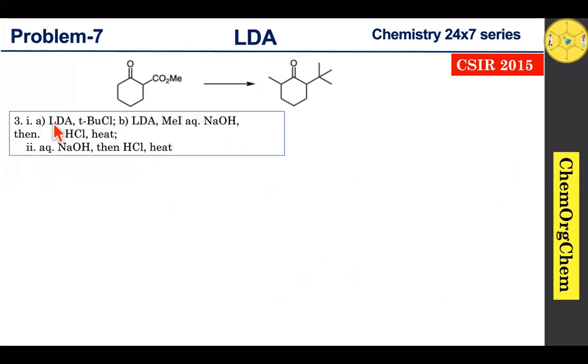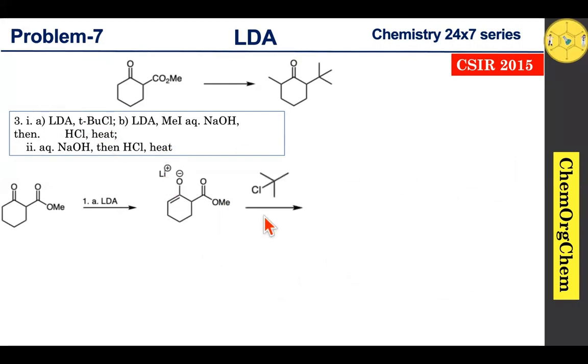The third reaction condition initially involves LDA followed by tertiary butyl chloride. When you use LDA, it readily takes the proton from the less hindered side, which produces the corresponding enolate ion. The next reagent is tertiary butyl chloride.